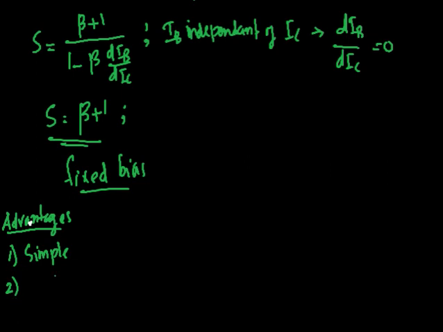Another one, the biasing conditions can easily be set, and the calculations are simple. Just we have to determine the value of RB only, so the calculations are easy.